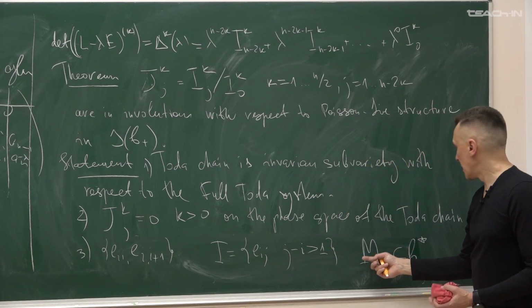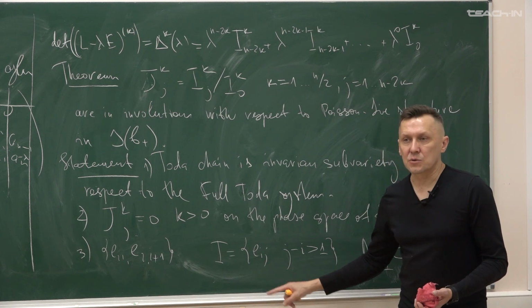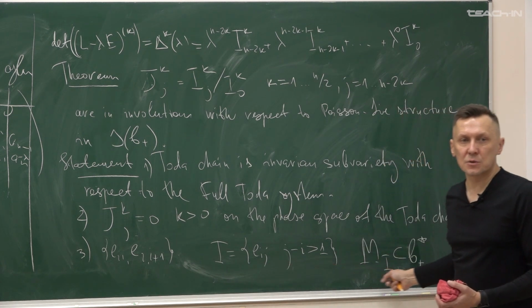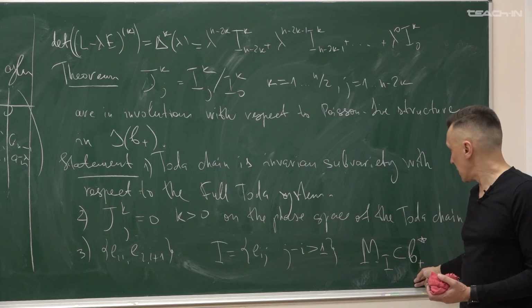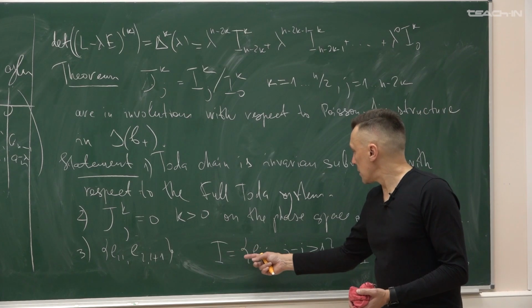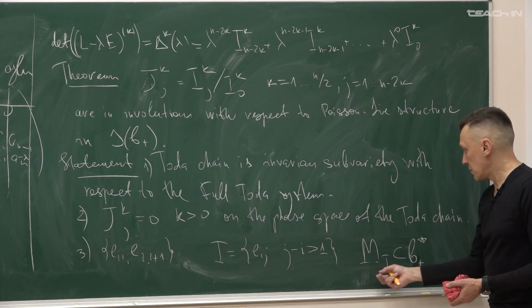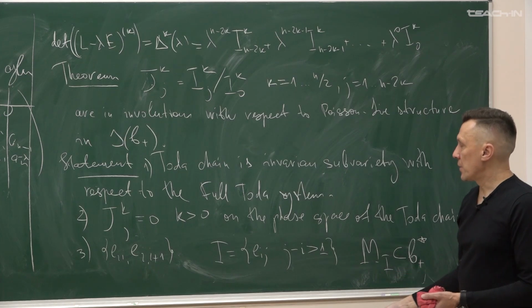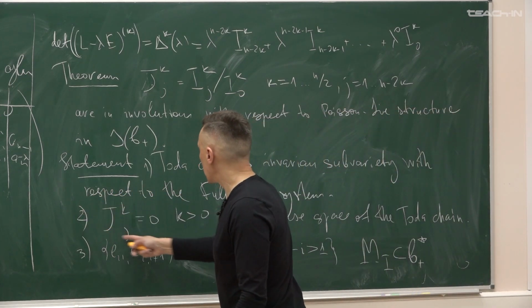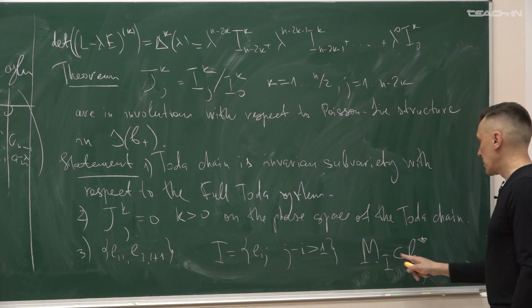So it is the subvariety where all such generators are zeros. These generators are functions on this space, and this calculation shows that these functions are zeros on this M_i.